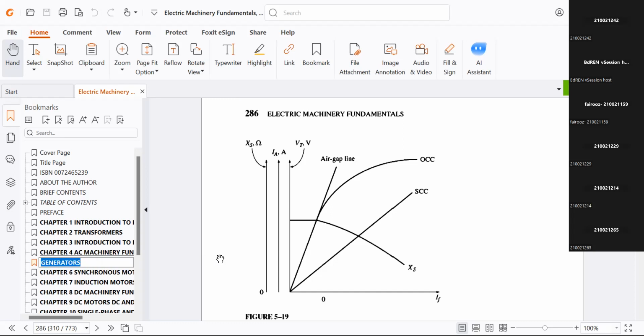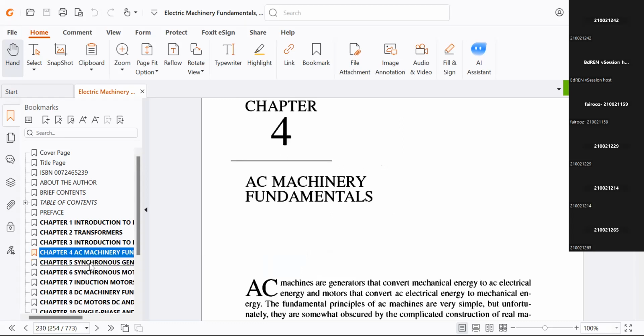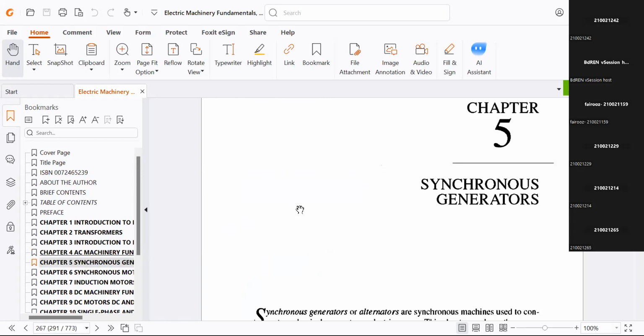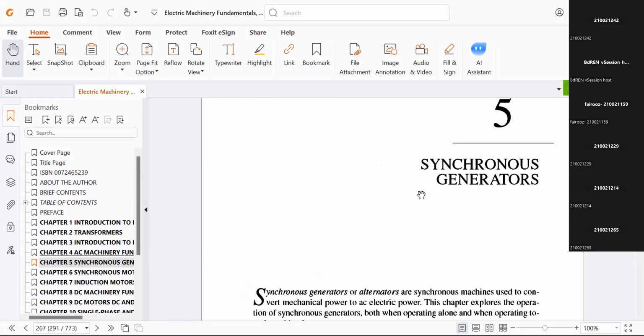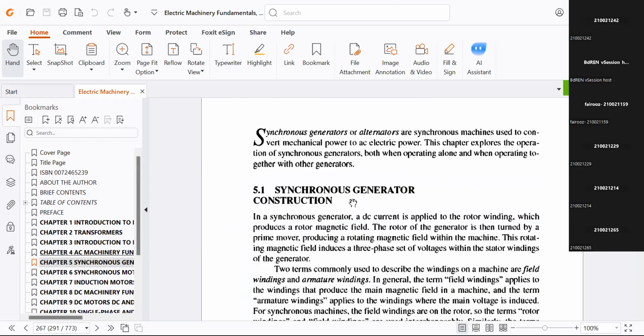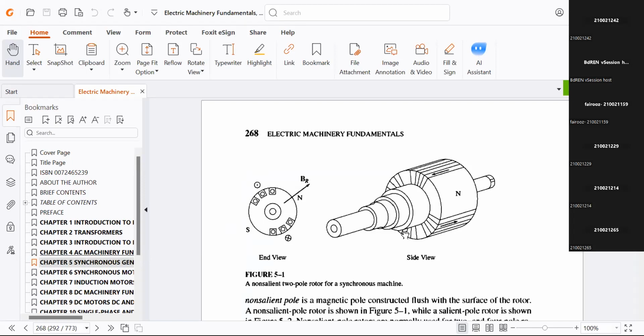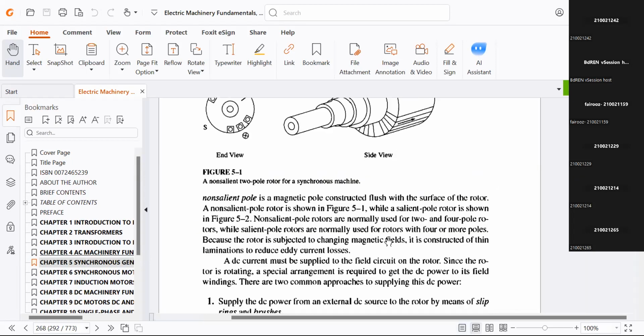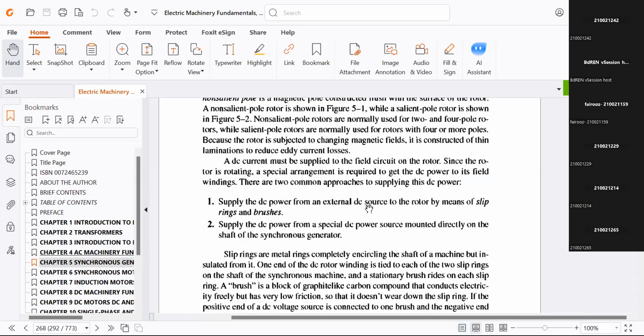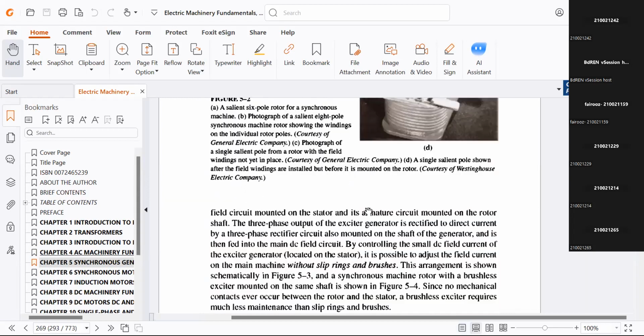As we are here, let me review the topic from your book as well. This is chapter 5, from where I am covering synchronous generators. I already discussed synchronous generator construction in our previous physical classes. You can go through the book topics, and things will be more clear for you.